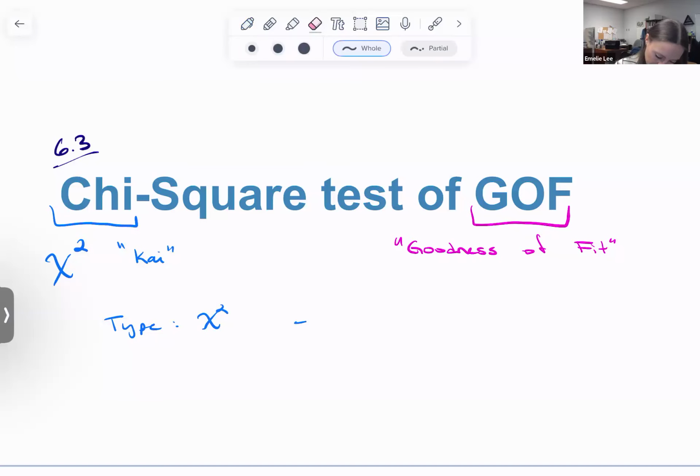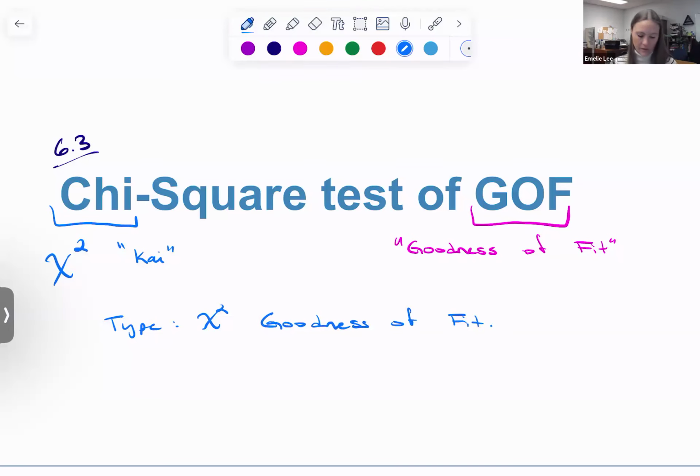The type is a chi-squared goodness of fit. And maybe I'll write it out. This is our second test statistic that we're going to see.